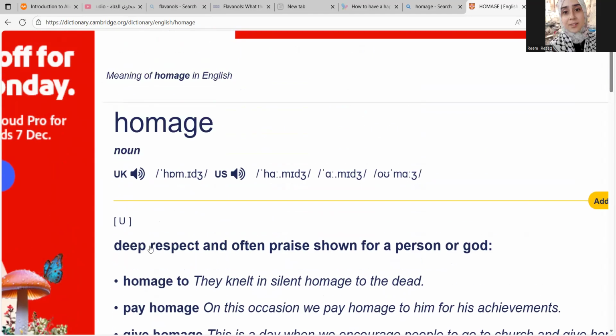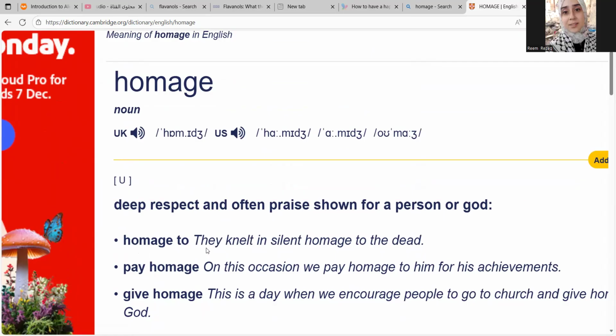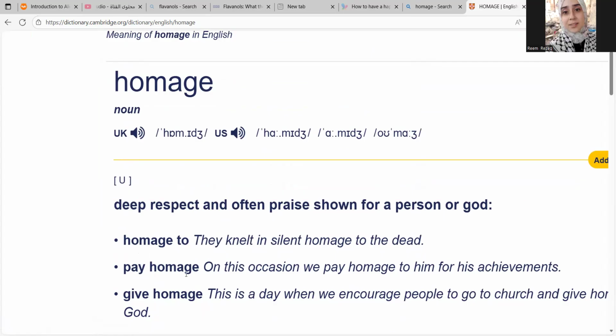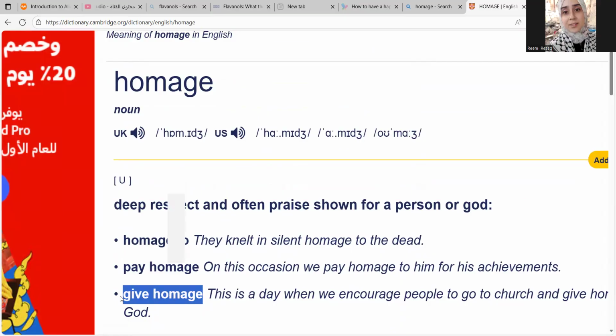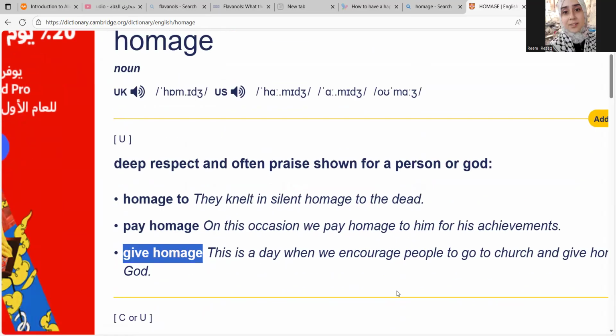What's an homage, by the way? It's deep respect, and often praise shown for a person or a god. Homage to, or pay homage. We have a location where people come together to give homage.